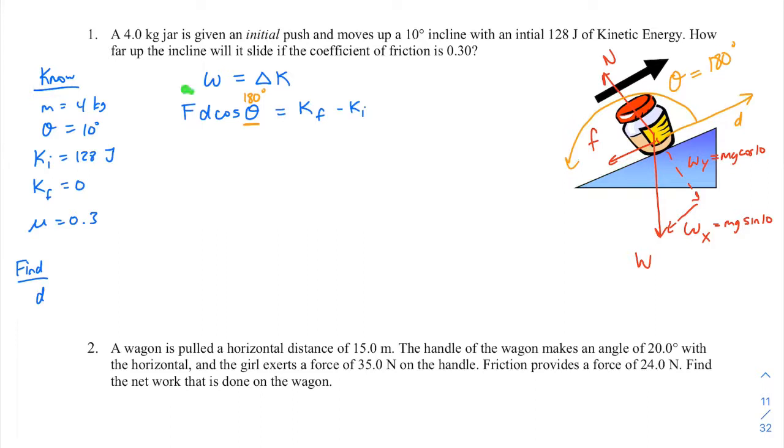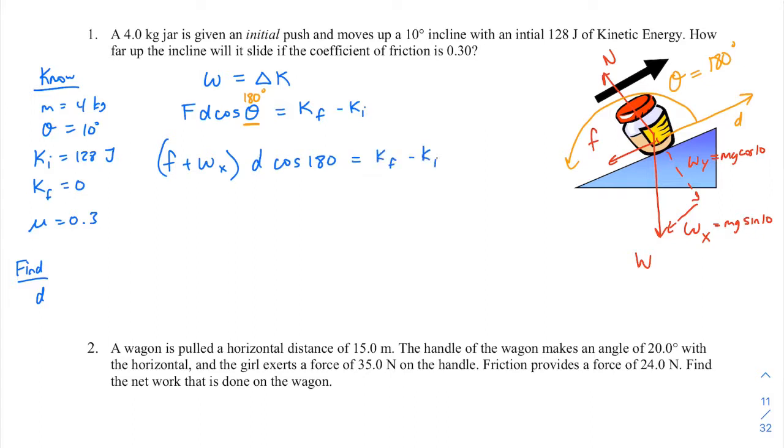The forces causing the change are friction and Wx. So I would write friction plus Wx, times the distance times cosine of 180, is equal to K final minus K initial.